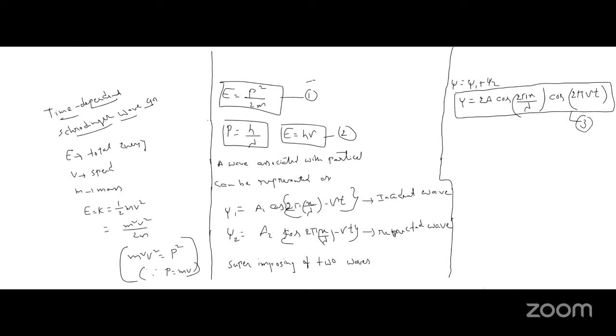Equation 3 is the product of two terms. Here I am taking one as the space term and another as the time term.